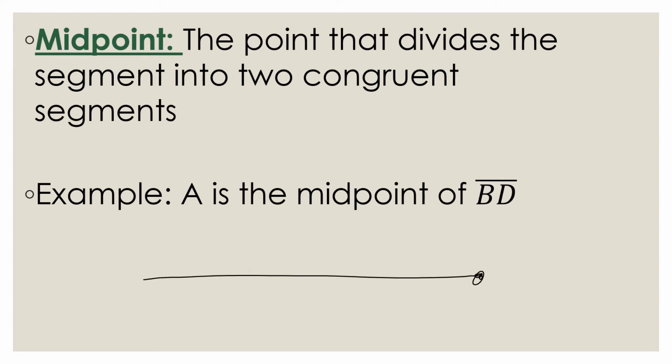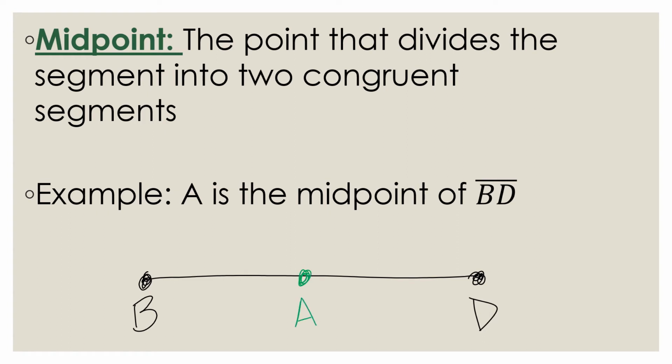Okay, so 2 congruent segments. We know that line segments have endpoints, right? So we have B and D. A is the midpoint of B and D. So we would want to draw A as much in the middle as we can, okay?